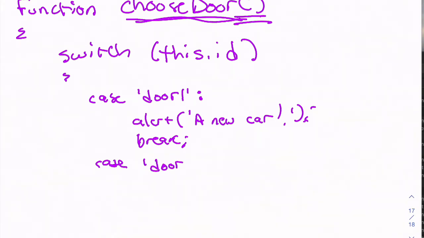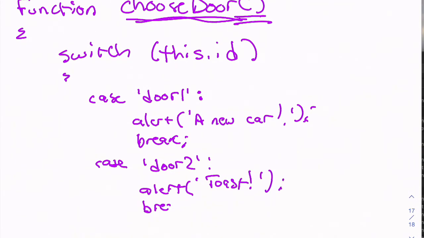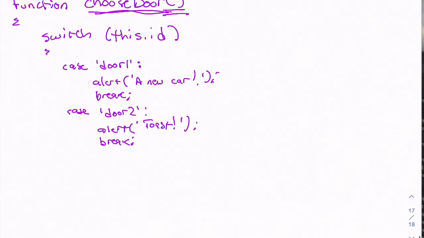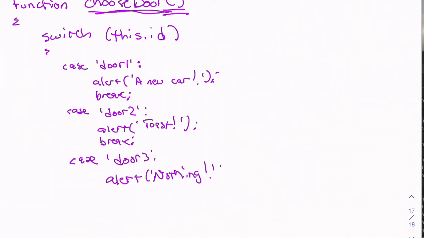Case door 2, alert, toast, break. I'm trying to get a little bit more space here. Case door 3, and we're going to do an alert. You get nothing for door 3. And then break.